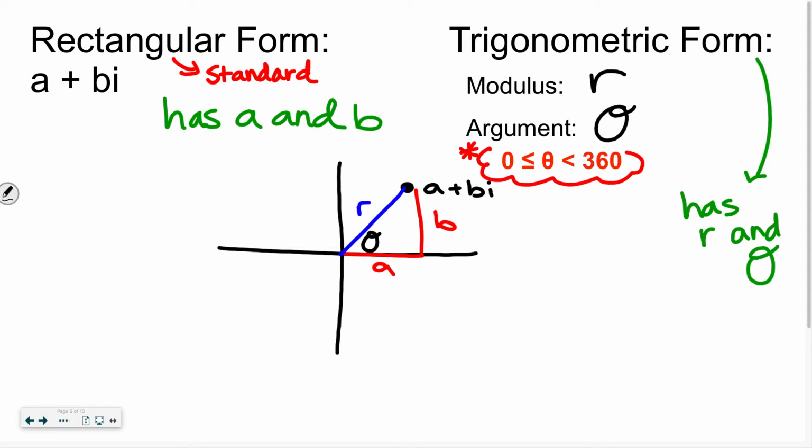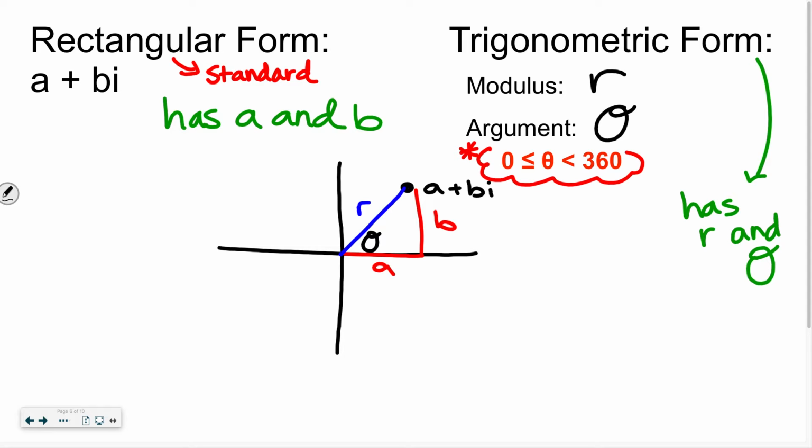So, if I have A and B, let's say I have rectangular form, and I want to put it into trig form, I've got to come up with a way to write A and B with R's and thetas. Anybody see any trig in there that will help us get A and B in R and theta? Emma, I have one.